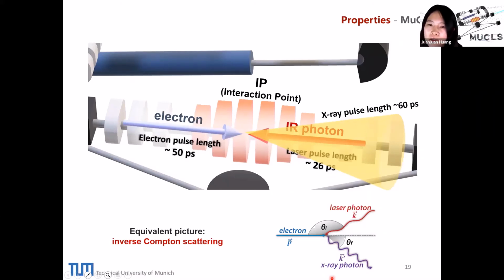So the repetition rate is very high, and the photons in each pulse are very few. For the linear design, I think they have more photons per pulse. So far, an ultrafast study at our source might be a bit challenging because the photons per pulse are just too few.